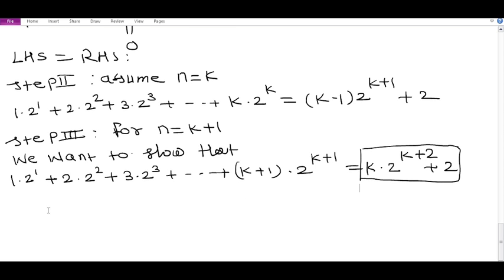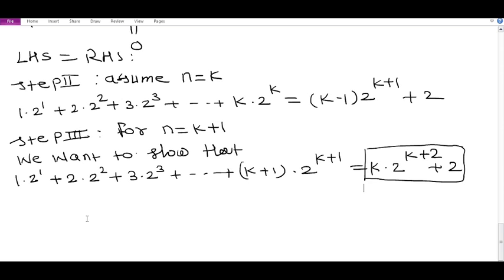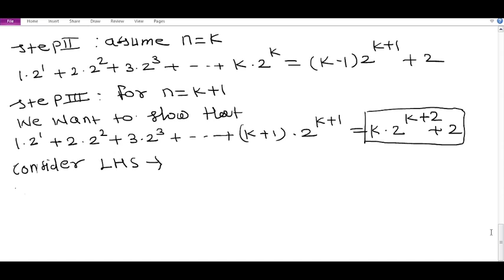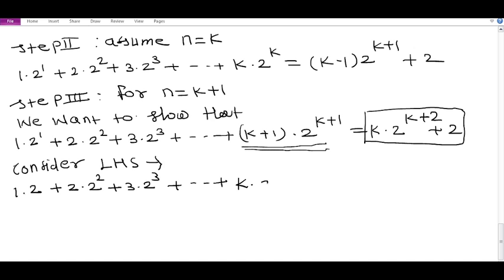Now again the same technique we are going to use. Consider the LHS, and from LHS show that LHS is equal to RHS. So LHS is 1 into 2 plus 2 into 2 squared plus 3 into 2 raised to 3 plus ... the term before the last term is k into 2 raised to k, plus (k plus 1) into 2 raised to (k plus 1).